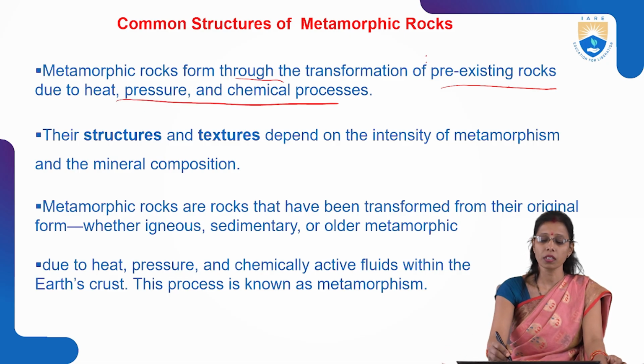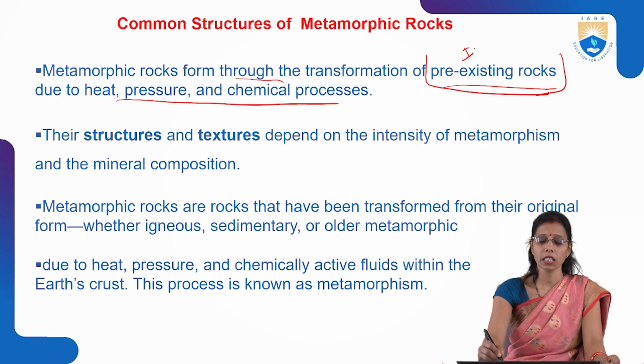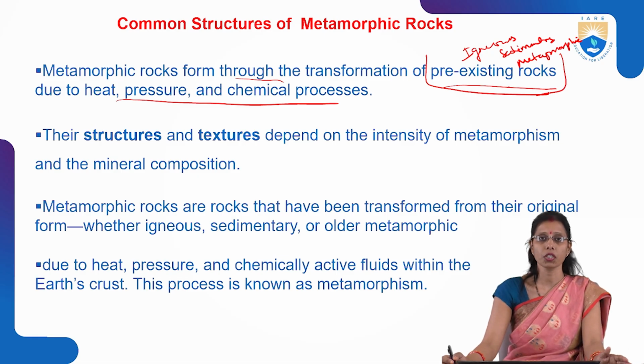Now, pre-existing rocks mean what? Pre-existing rocks mean already either igneous, sedimentary, or metamorphic rocks. These are basically the three types of rocks which are formed.